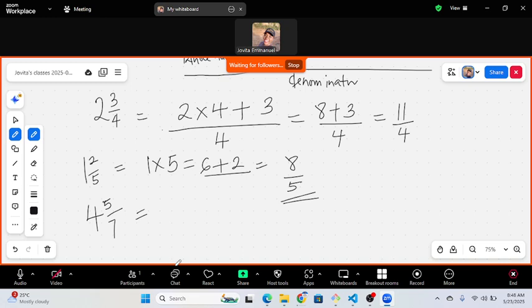In a case like this, the first thing I'm going to be doing is this. Remember I said the whole number. The whole number here is 4. 4 times, what's the denominator? 7 is what? 28. 28 plus the 5, that is the numerator. 28 plus 5 is what? 33.